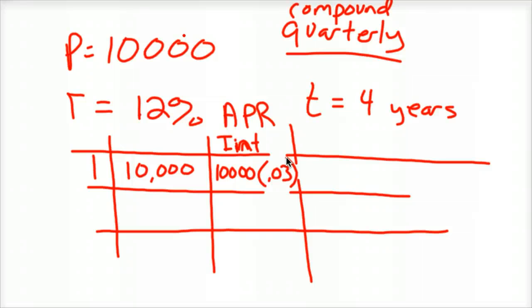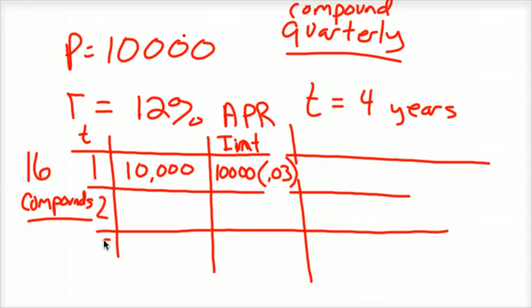And you might think, well, gosh, that's not as much interest. Well, the thing is, time is no longer in years, time is in quarters. And so if we're going to go 4 quarters for 4 years, we're going to have 16 compounds. And so now to do this problem, you have to put out 16 of these things. So 1, 2, 3, 4, all the way down to 16. And do it each time just like we did before.